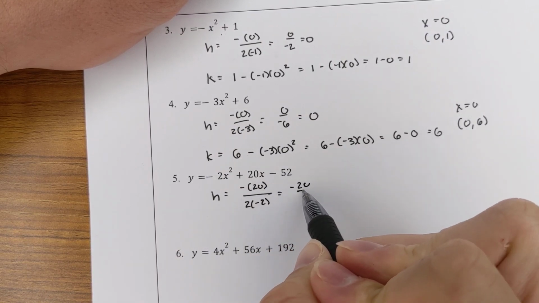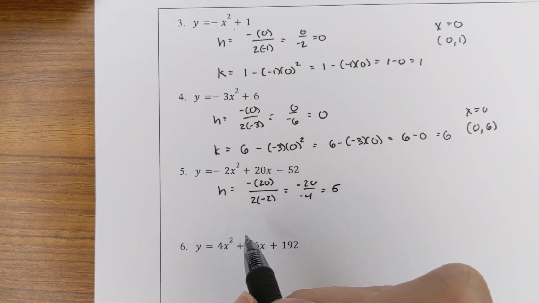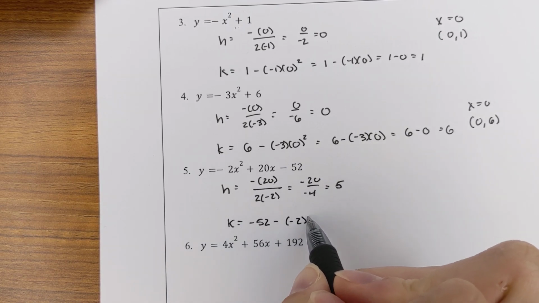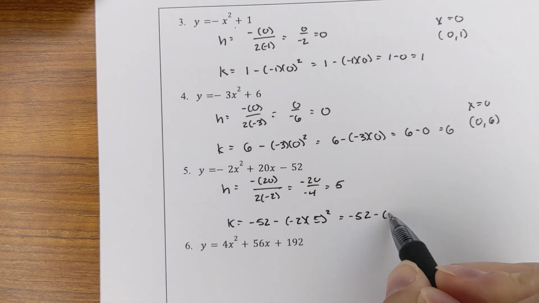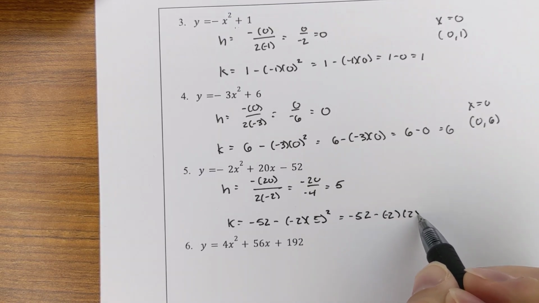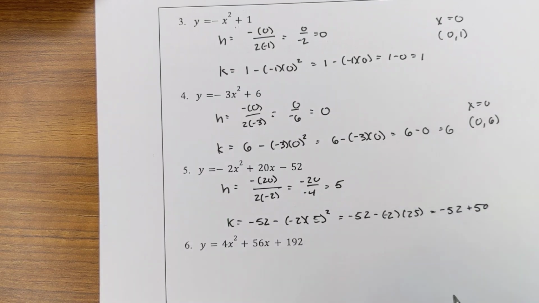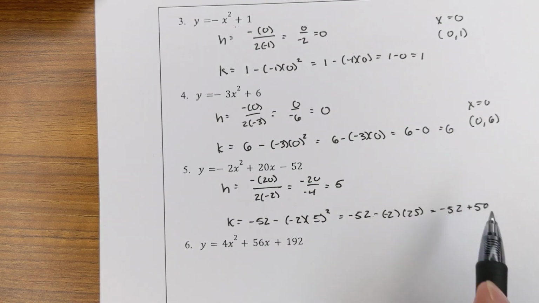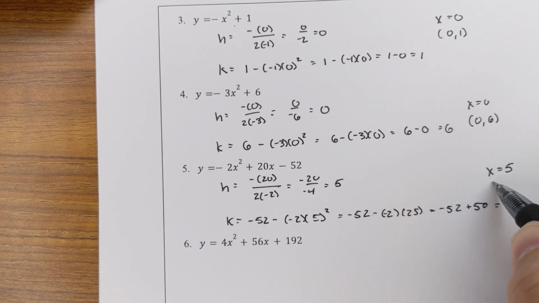So that's negative 20 on top, negative 4 on bottom, so that is positive 5 when you're all done. So k will be c, negative 52, minus a, negative 2, times h squared. So negative 52 minus negative 2 times 25. That's negative 52 plus 50. Negative 2 times 25 is negative 50, and an extra negative flips the sign. So negative 2. So our axis is x equals 5. Our vertex is 5 comma negative 2.